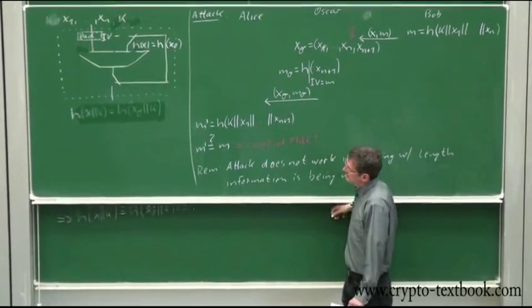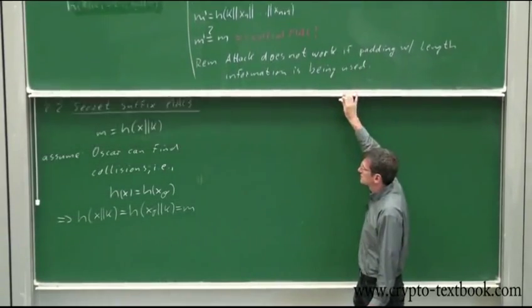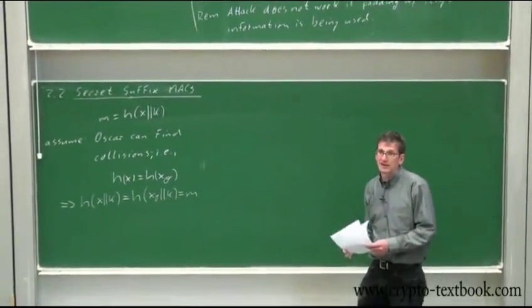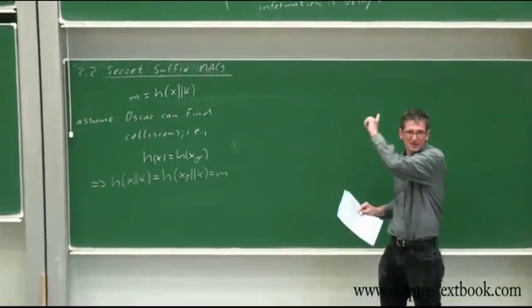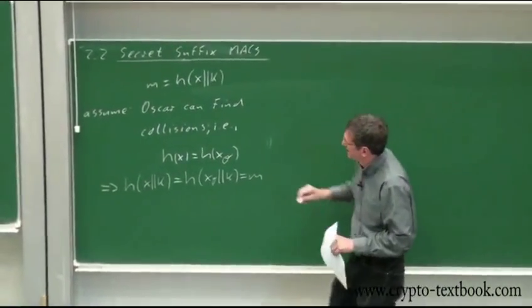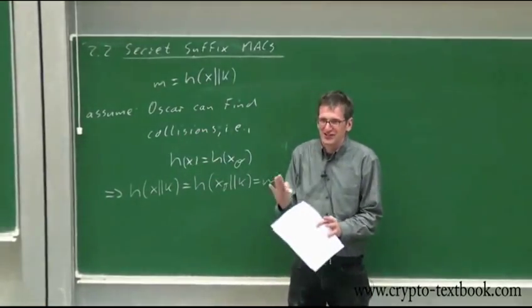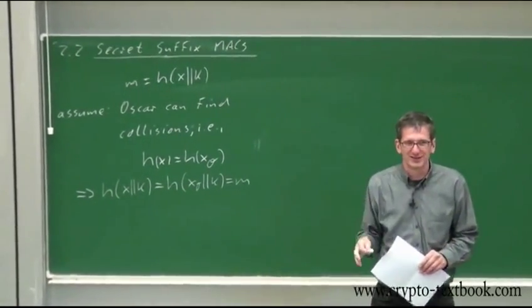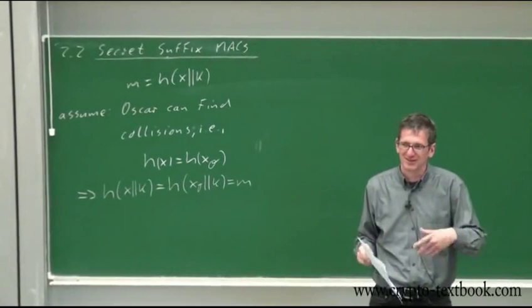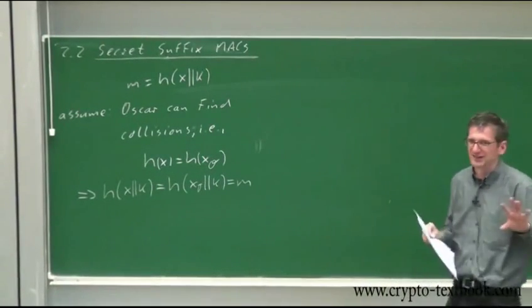So the question is, is this a problem? Again, the assumption here is Oscar has to do more work than with the previous attack. He has to find a collision, which is not something that we do on a Sunday afternoon with coffee and Kuchen. It's very difficult.